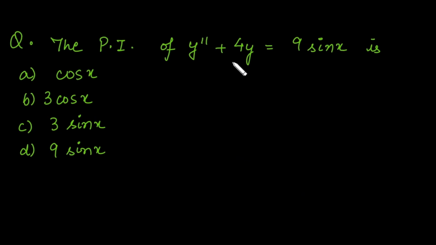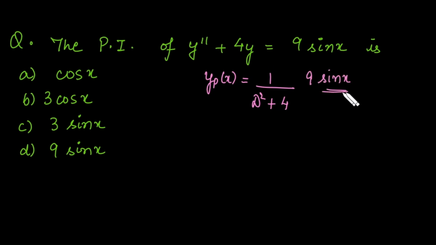Question is, what is the particular integral of this differential equation? There is no need to calculate the complementary function. So the particular integral in this case is equal to 1 upon, from here we can write it as D square plus 4 into y, not a derivative. So we will just write 4 over here, 9 sine of x. In case of sine, we replace D square by minus a square.